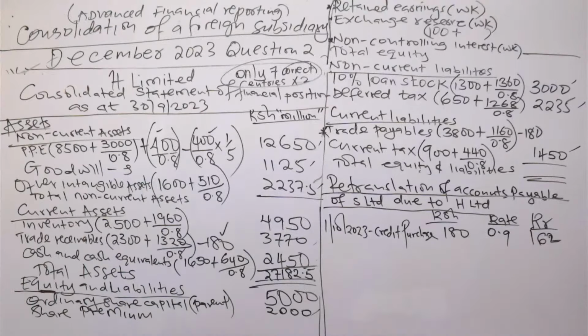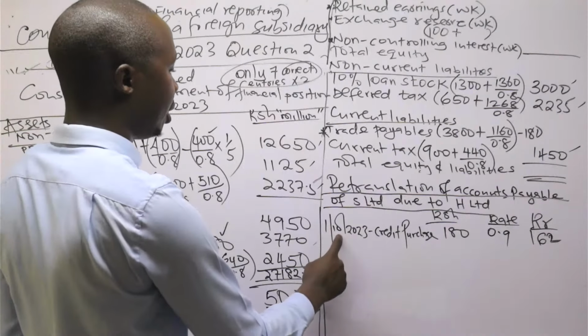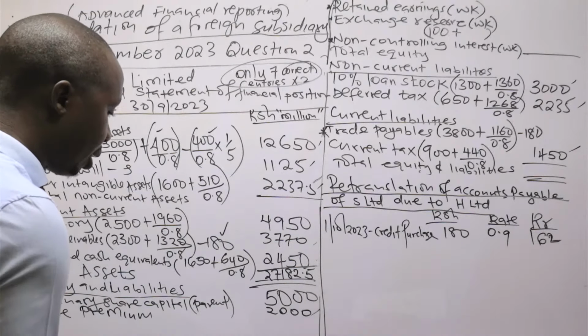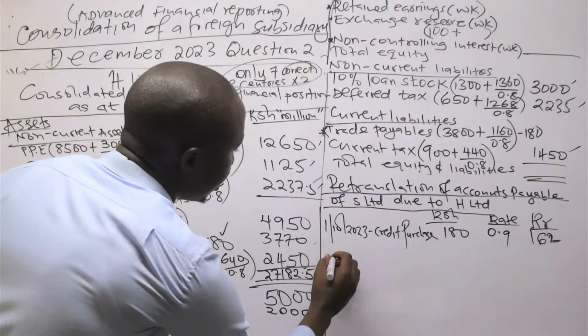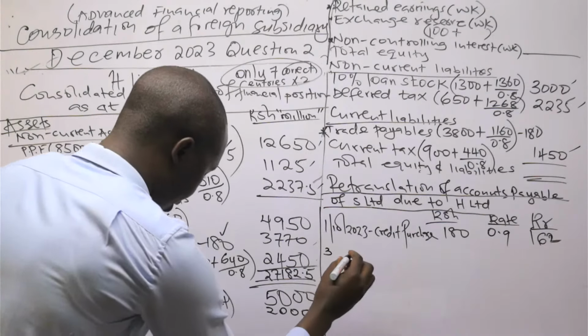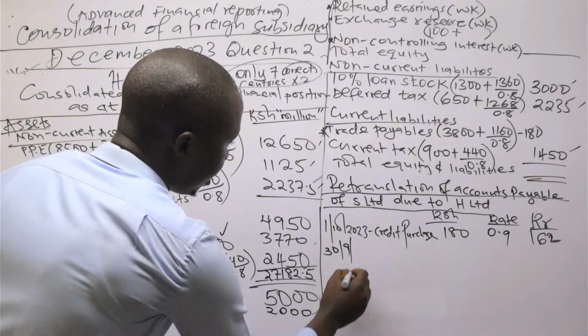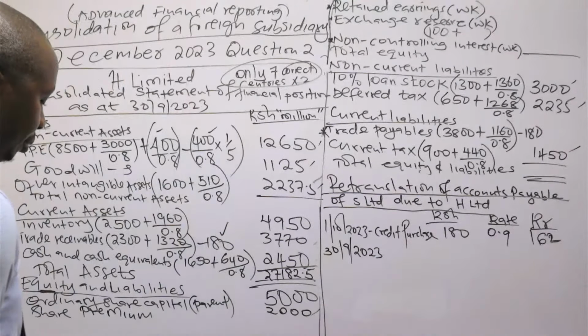So retranslation of accounts payable due to hedge. As at October, we have 162. What about as at the end of the year, 30th September 2023, when our financial year was ending?